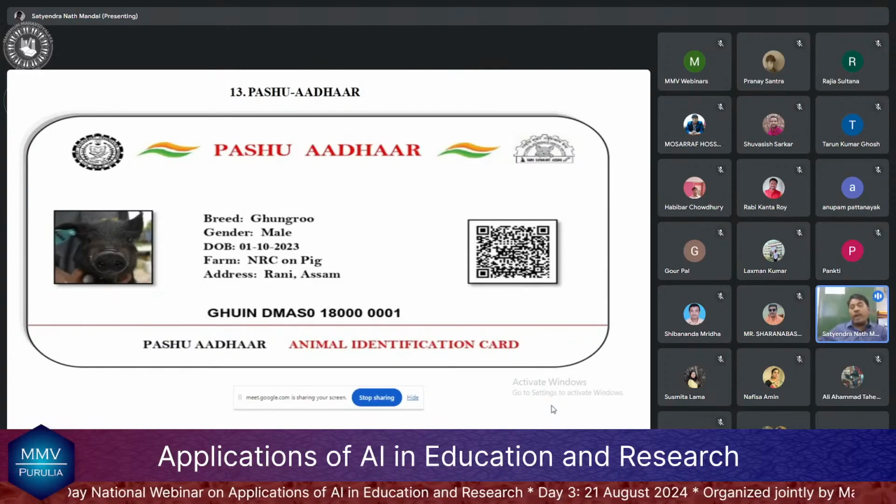Suppose we have 100 cows of the same breed. We have 100 goats. But how do we identify individuals? We want to vaccinate all the goats, but they look the same breed. But how to identify them?